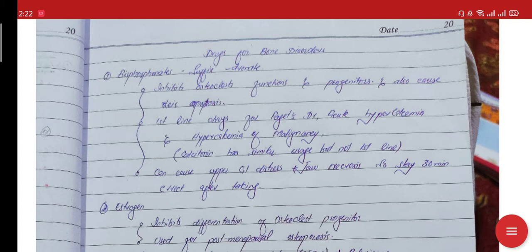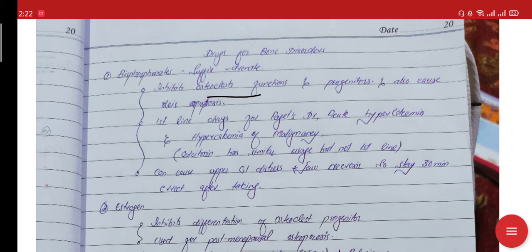So what do these bisphosphonates do? The bisphosphonate actually attaches to the osteoclast and inhibits the osteoclast functions in various ways. The one I have just told you is that it binds to the osteoclast and inhibits it from going to the bone surface and resorbing the bone.